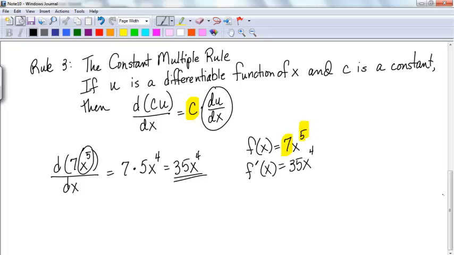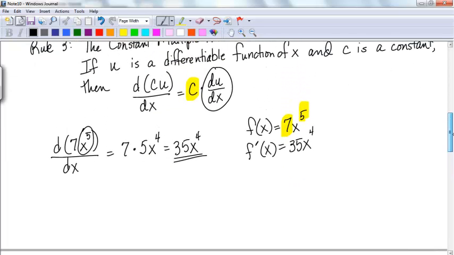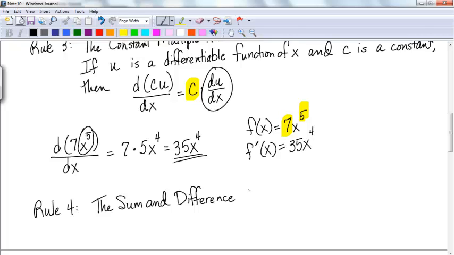Now the next rule, they're going to put terms and add them or subtract. So on rule 4, the sum and difference rule. And it's still basically that they are differentiable functions of x.